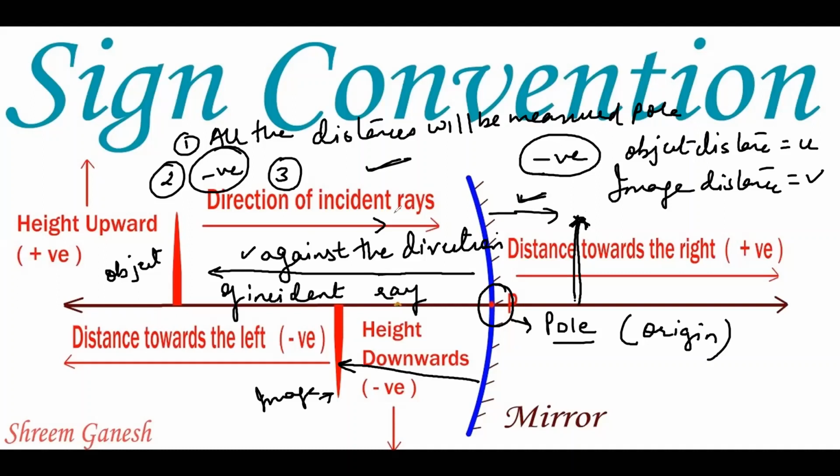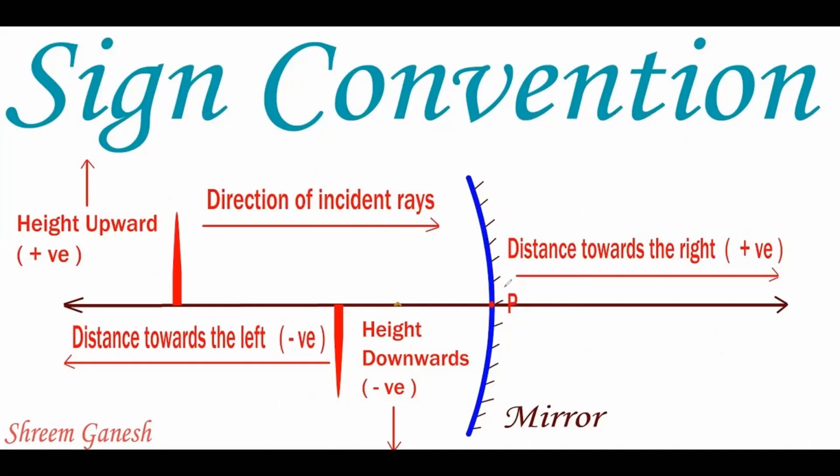Your direction and incident direction are both the same, so that will be positive. If to measure any distance we are going against incident ray, from pole towards your left side, LHS side, it will be negative.